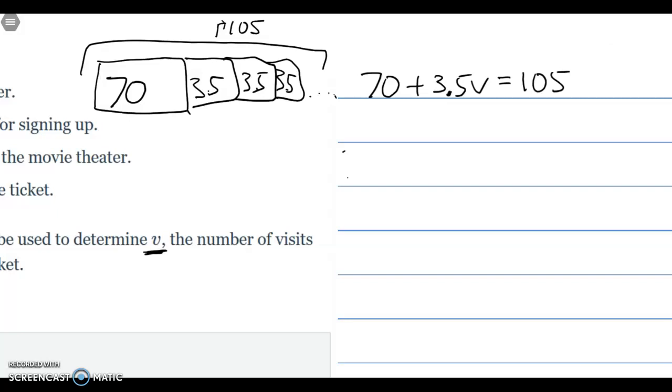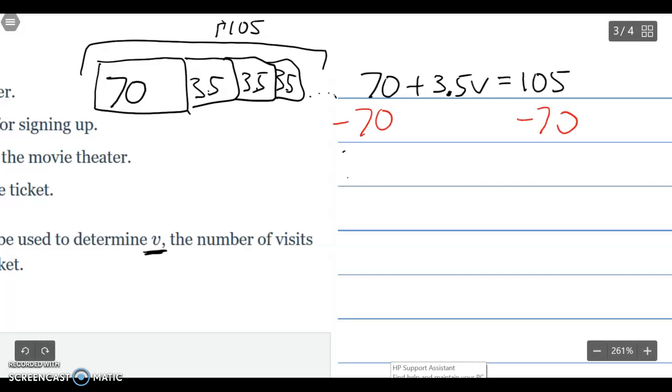Okay. So now we could just solve the two-step equation. Okay. And we're just going to subtract 70 on both sides. Seventies cancel out.